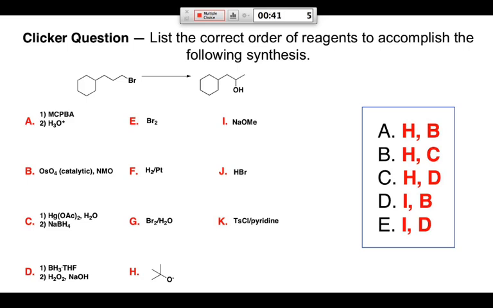But remember what we talked about in the review session? One good strategy is you go for a double bond. Okay?